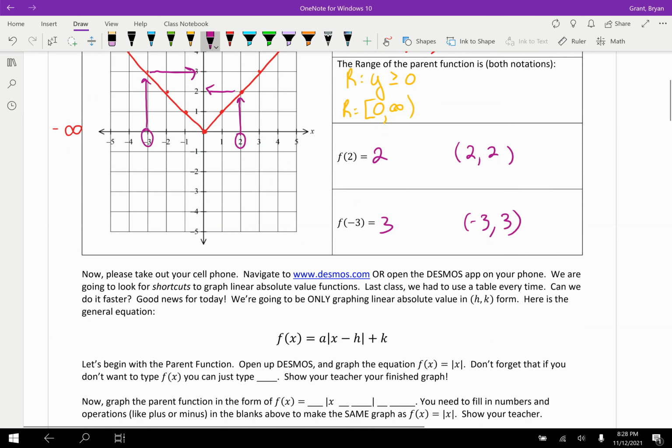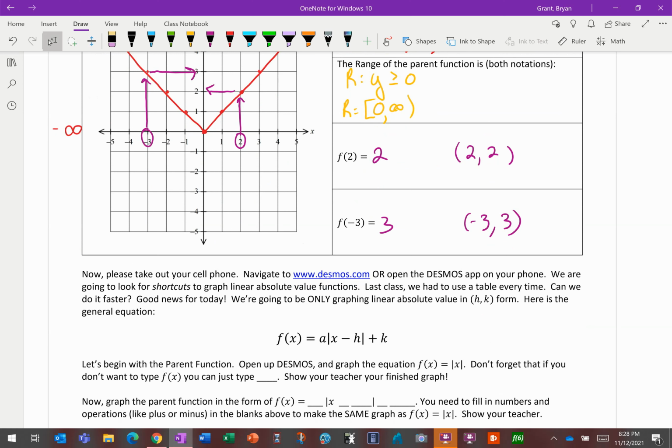Alrighty, we're going to be working a lot today on Desmos, not the student.desmos.com, but just our traditional Desmos. Desmos has been a free software program for the last decade or so, and its big success story has been its graphing calculator.